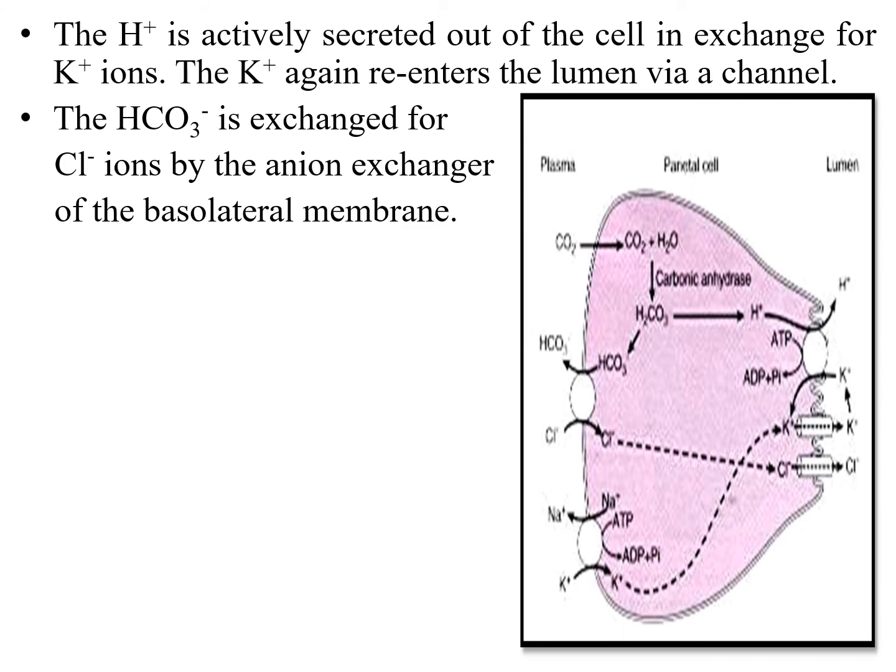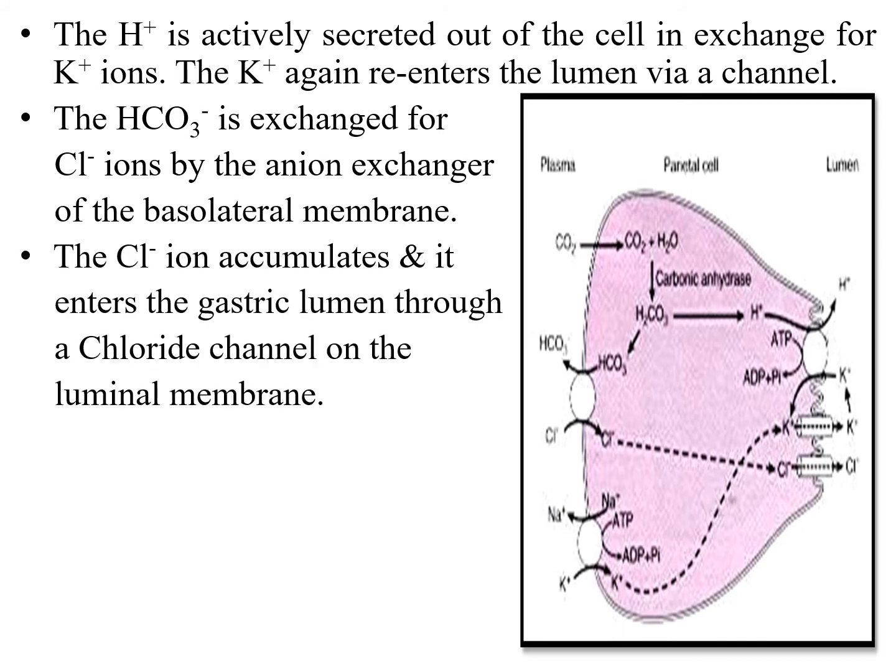So to maintain the electroneutrality, that chloride also has to go out. Now the channels for chloride to go out are located mainly on the luminal side. The chloride ion that accumulates because of the exchange enters the gastric lumen through the chloride channel in the luminal membrane.